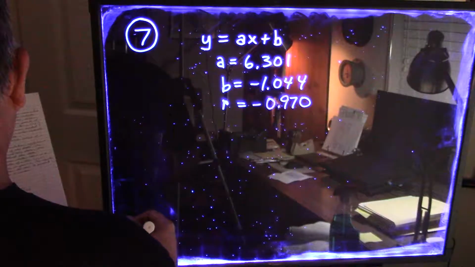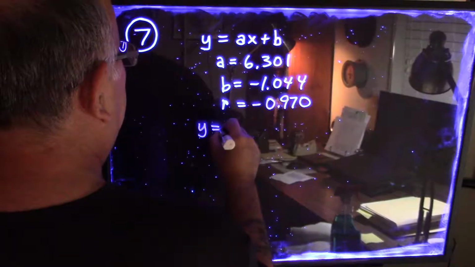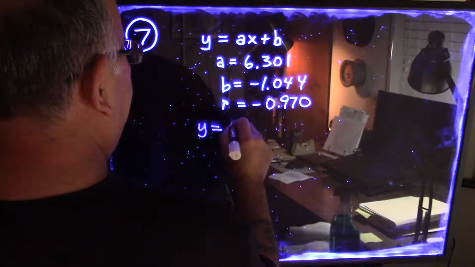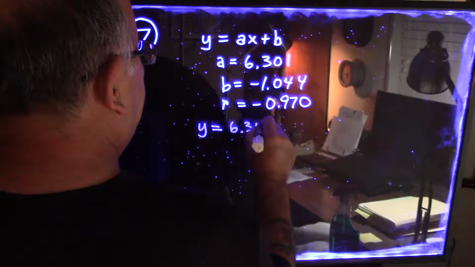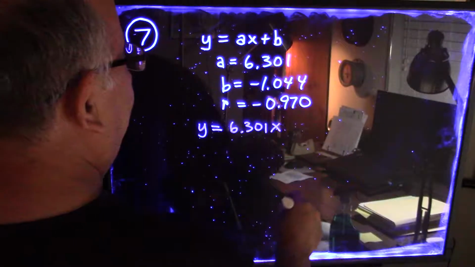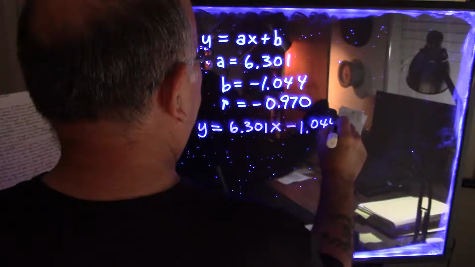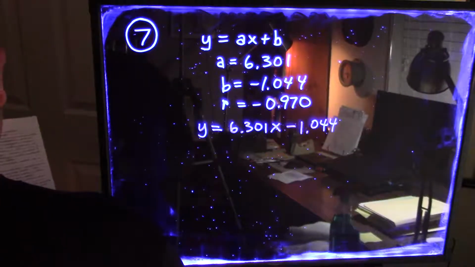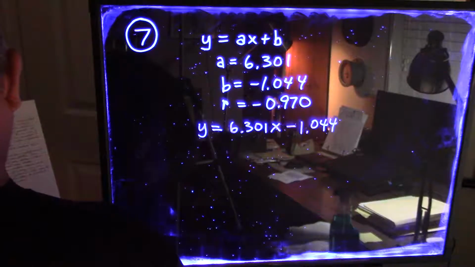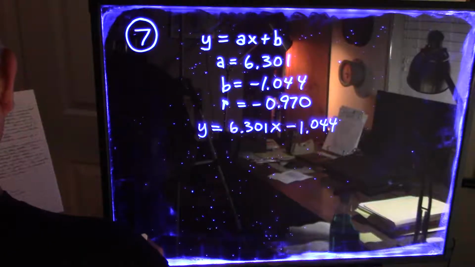And so we have y equals, so instead of an ax plus b, you put 6.301x plus b, which is negative 1.044, so that's minus 1.044. Alright. So what we want is, well, let's see, what do we have here again?